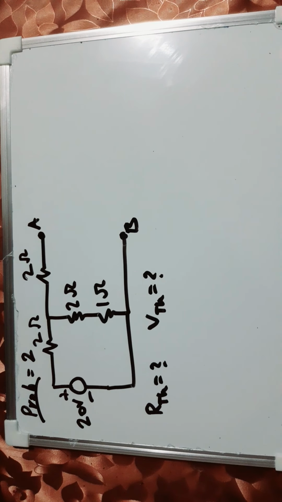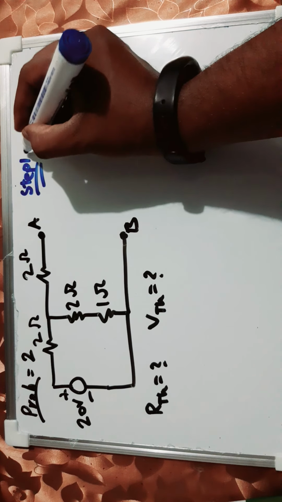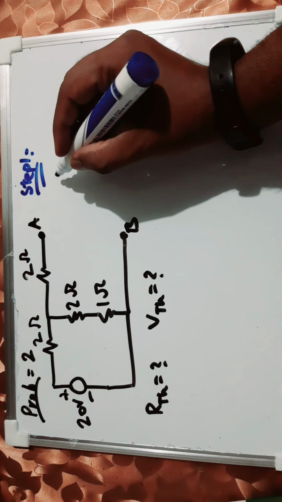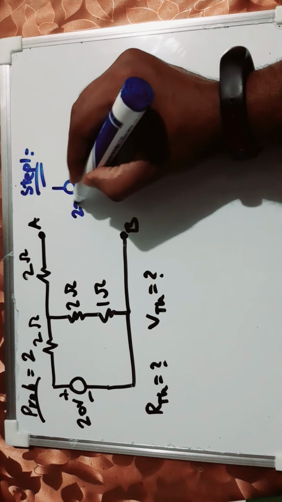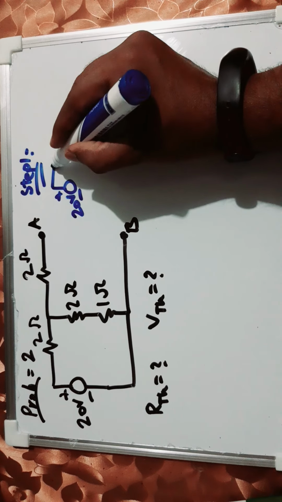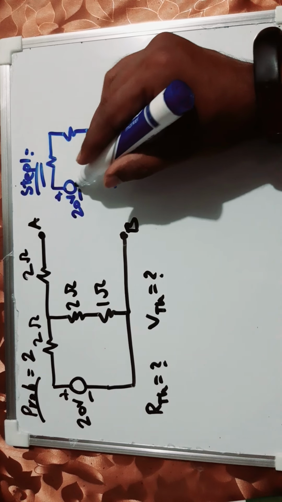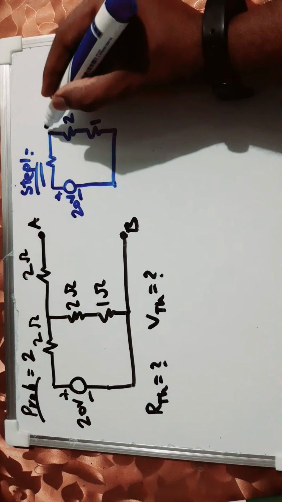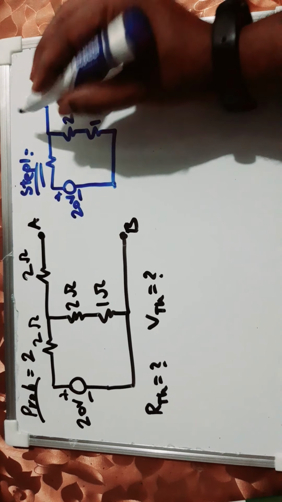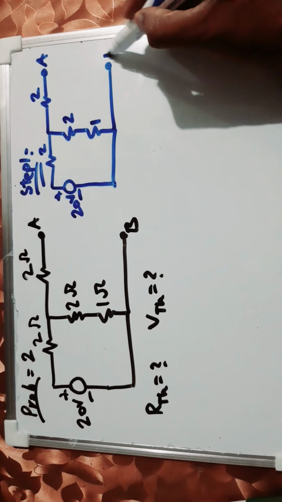So what was the first step we were doing? Step 1 was this: 20 volt, 1 ohm, 2 ohm, 2 ohm, 2 ohm, that was the open end.